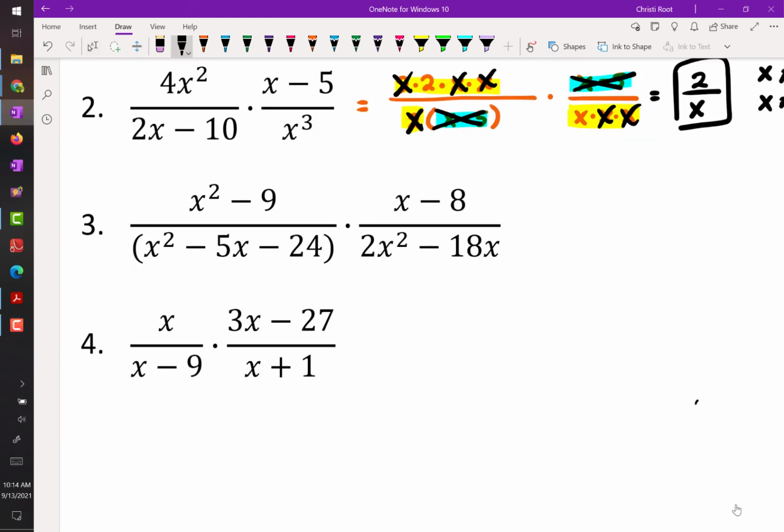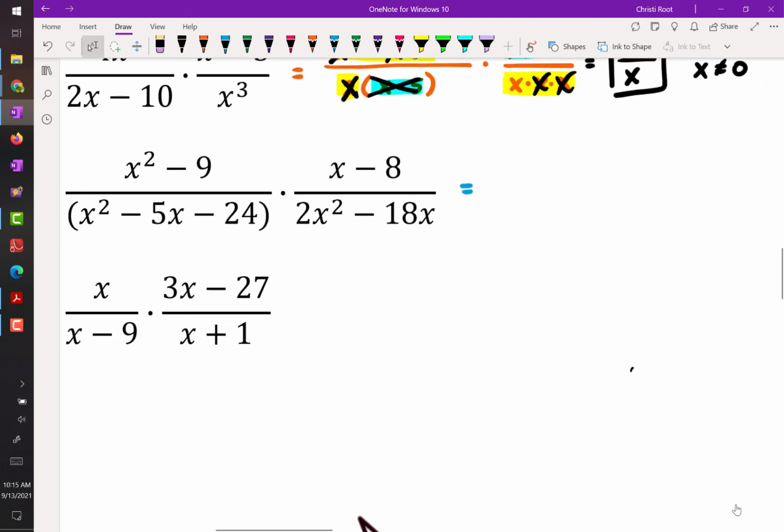All right, let's take a look at number 3, and I'm definitely going to want to rewrite this one over here. The x squared minus 9 is a difference of squares, so x squared minus 9 is going to be x plus 3 and x minus 3. This one right here, we need to factor using that x method.